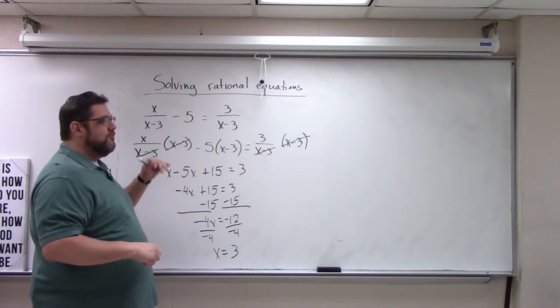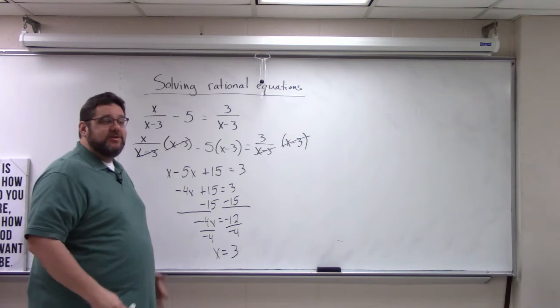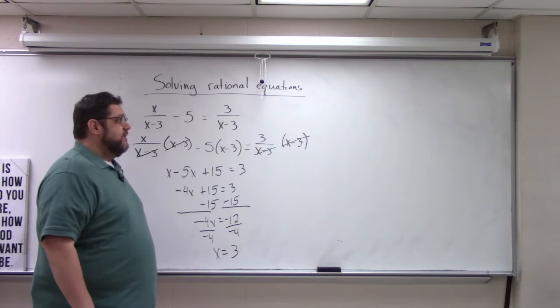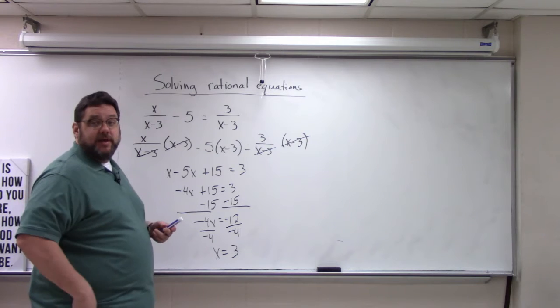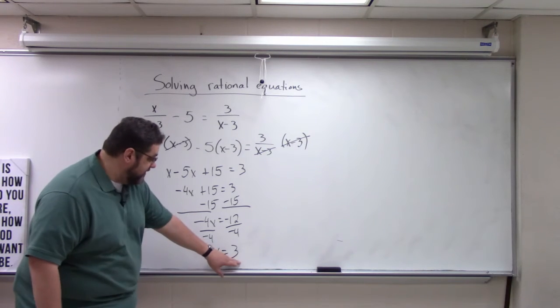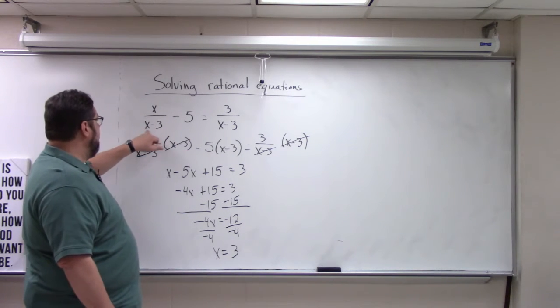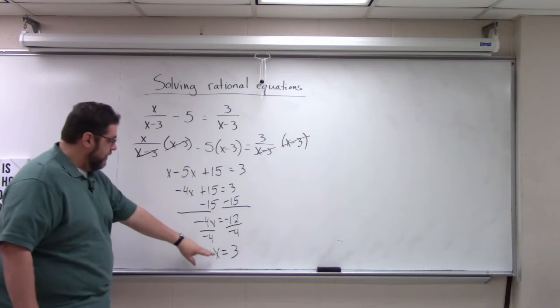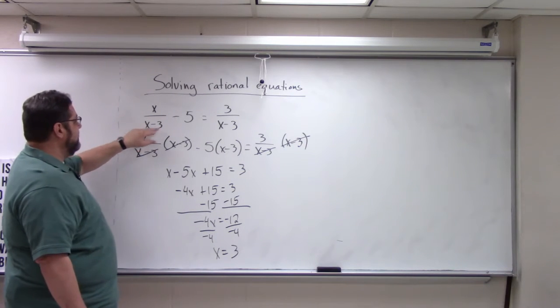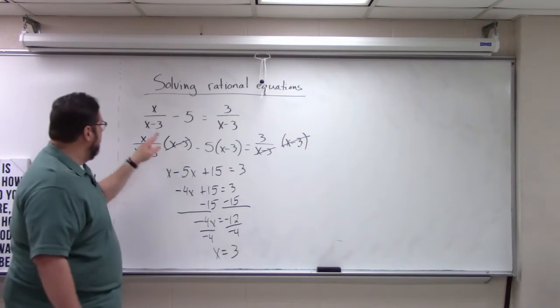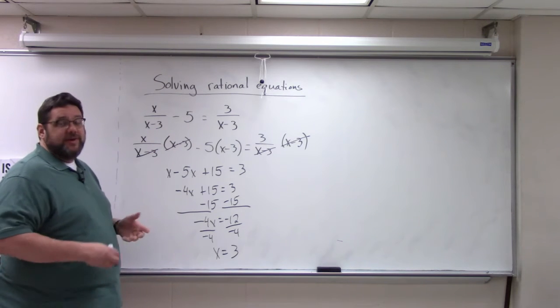Remember that with these rational equations, we always have to check to see if it causes any problems in the denominator. So, for instance, if I take this 3 and plug it in place of x, instead of x minus 3, I'm going to have 3 minus 3. 3 minus 3 is 0.